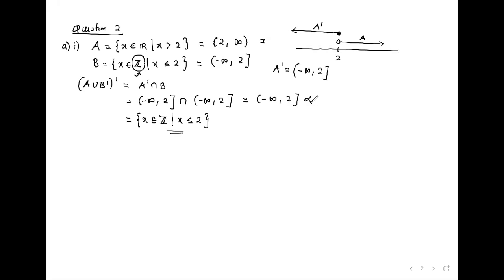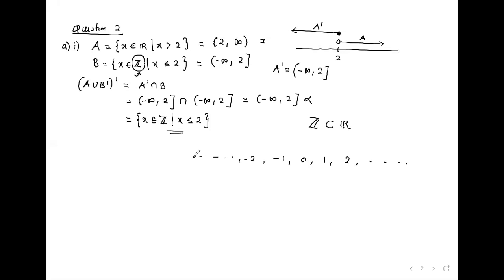The point is this. Z is a subset of R. Integers are positive, negative, plus 0 whole numbers: negative 2, negative 1, 0, 1, 2. Keep going this side, keep going this side.